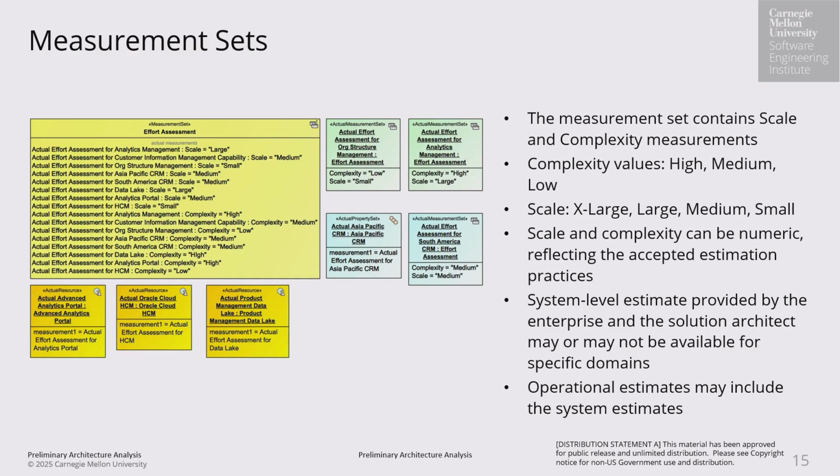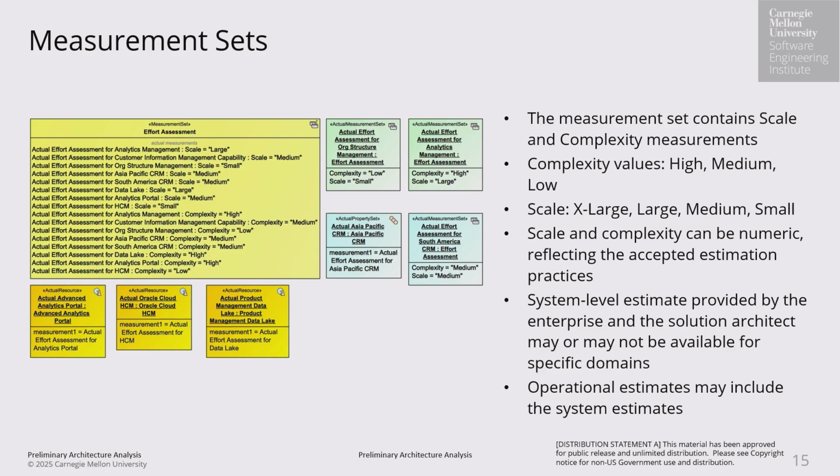For this particular example, we used a t-shirt size model ranging from extra large to small when it comes to estimating the scale, and the complexity is high, medium, low. But you could use any type of numeric measurements, of course, 1 to 10 or Fibonacci numbers, or anything that you feel comfortable with.